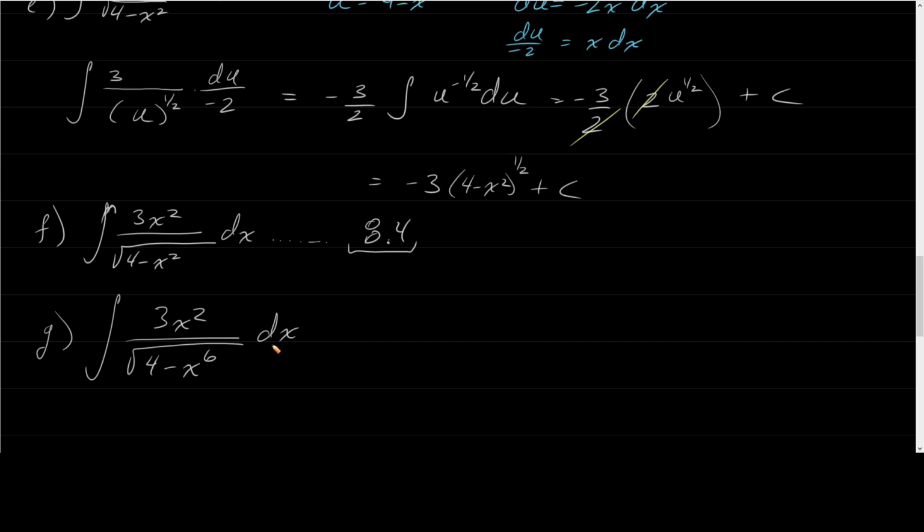When we have things like that, we can manipulate them, right? And by that I mean 6 can be rewritten as 2 times 3. It could also be rewritten as 3 times 2. Why do I care about that? Well, because I can manipulate things to write them in such a way. x to the second to the third is still x to the sixth. x to the third to the second is still x to the sixth.